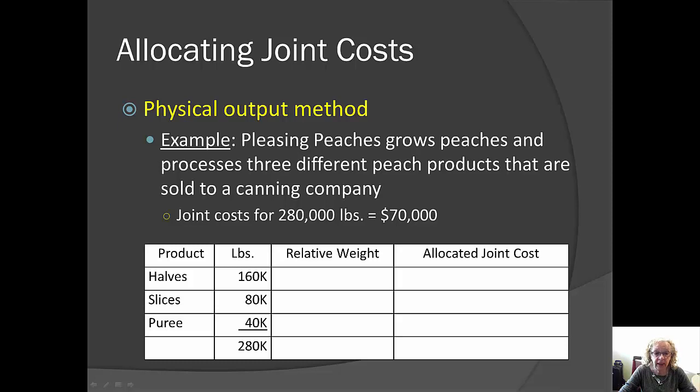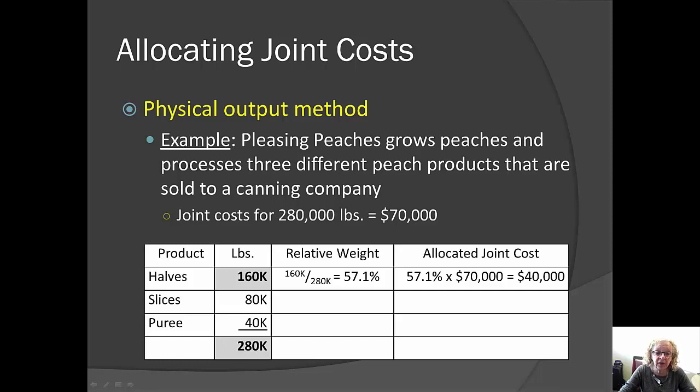So we've accumulated data on the total weight of the peach halves, the peach slices, and the peach puree, and we've added it up to find the total number of pounds of peach products. So the peach halves represent 160,000 pounds out of our total 280,000 pounds.